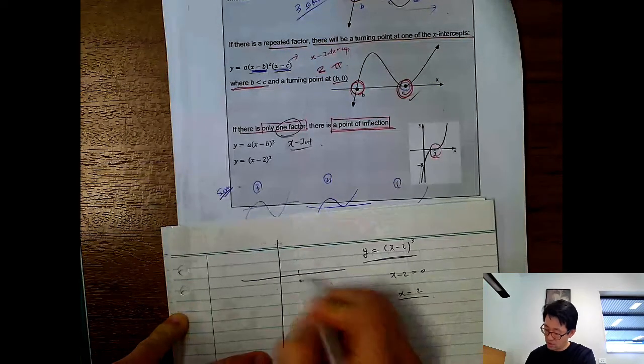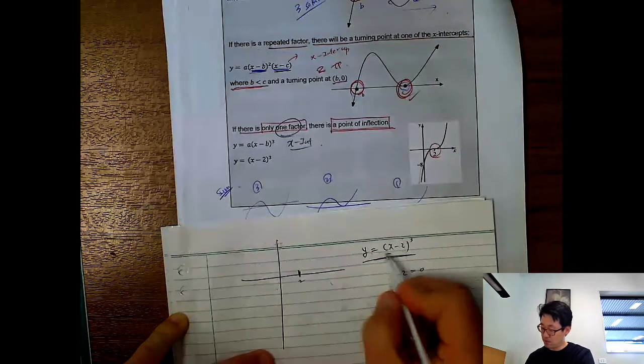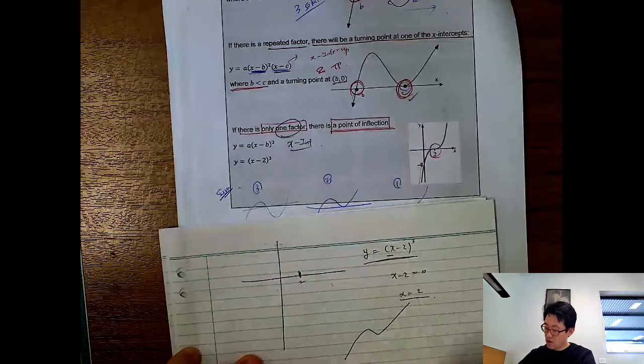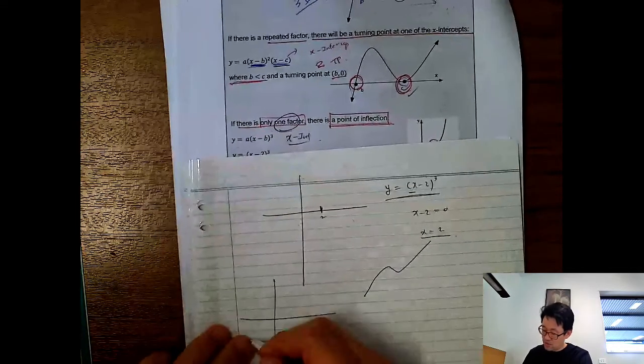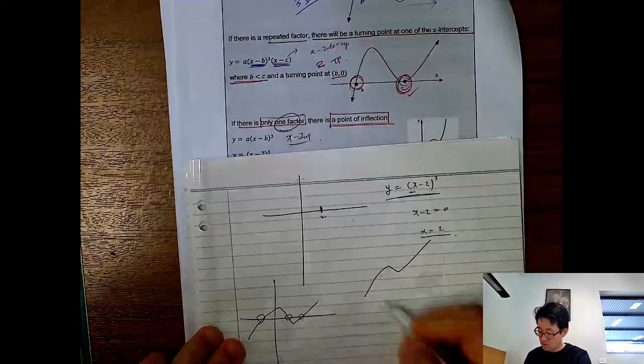When x is 2, that's the x-intercept, and that's positive, isn't it? Positive graph. So previously, 1, 2, 3, touch it 3 times.